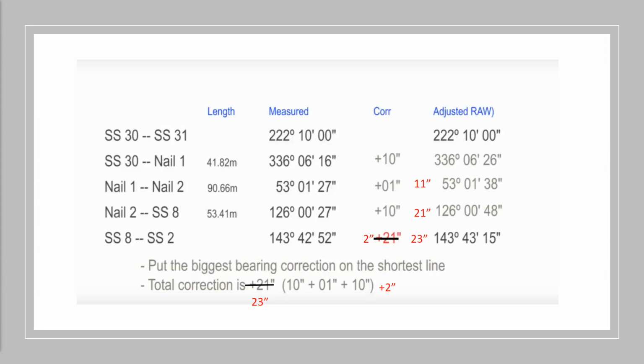The first thing to notice is that this has got through to the end, and their observed bearing on what I assume is the closing line, 43, 42, 52, is some 23 seconds less than what I consider would be the published bearing between those two marks, 143, 43, 15. So there has been a slight error, it would appear, in that it's come in at 21 seconds rather than 23.